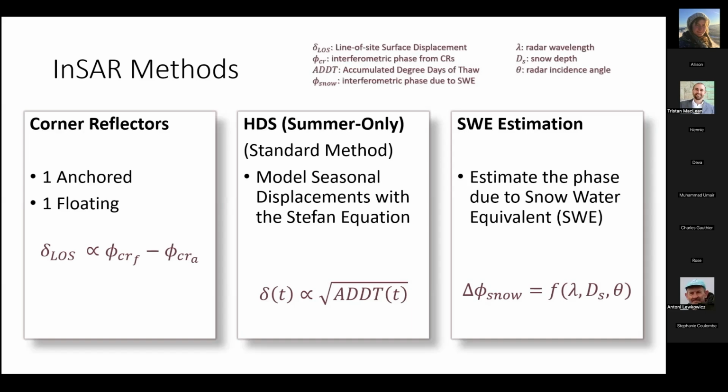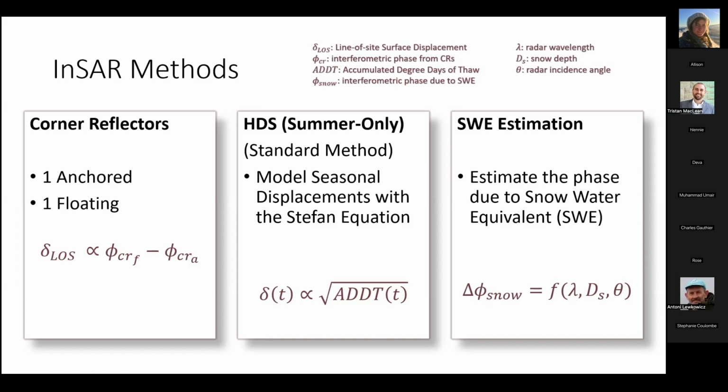I apply it to the summer only interferograms, ignoring any of the interferograms where there's snow present. Part of this is modeling seasonal displacements with the Stefan equation, which basically says that the deformation is proportional to the square root of accumulated degree days of thaw. And then finally, I have a SWE estimation technique that I'm looking at.